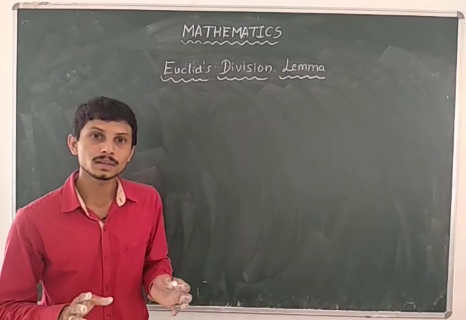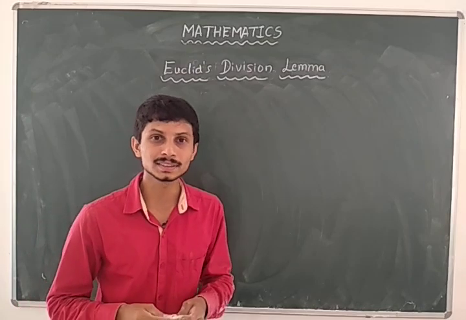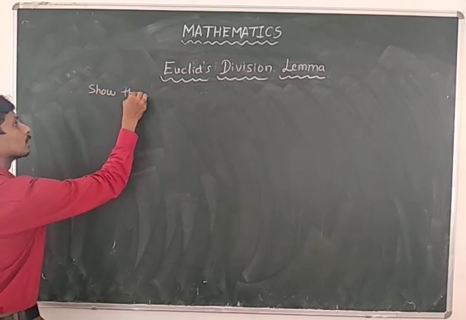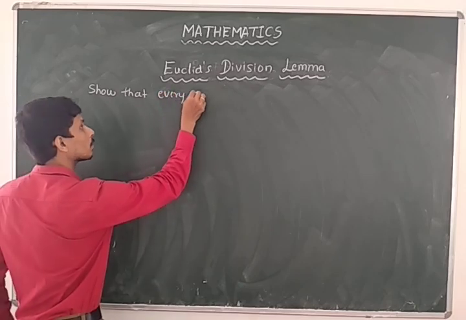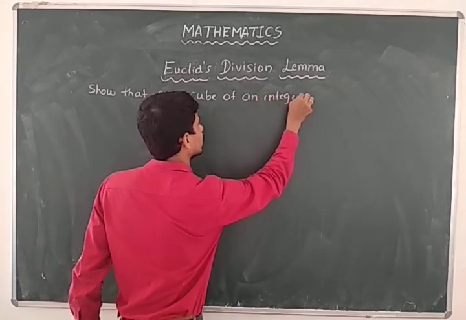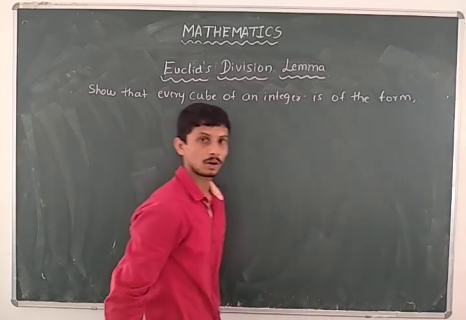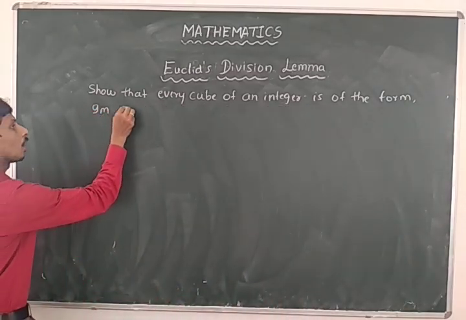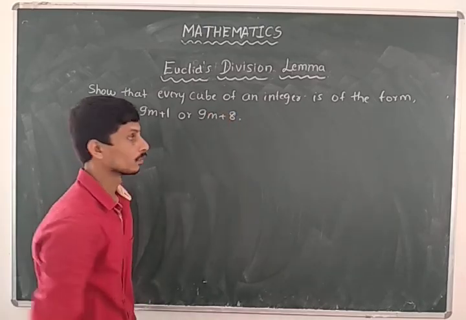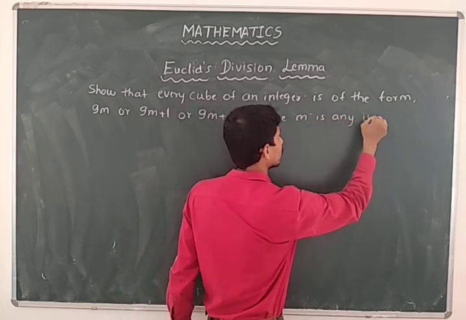Show that every cube of an integer is of the form 9m or 9m plus 1 or 9m plus 8, where m is any integer.